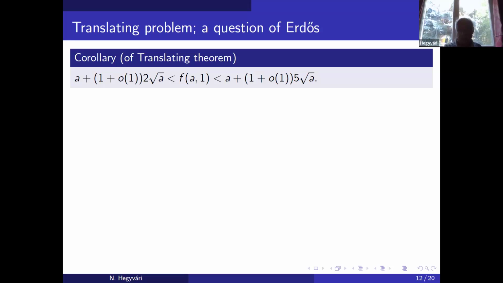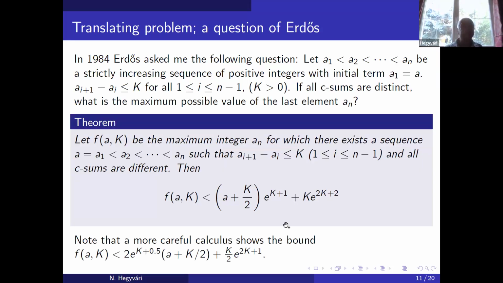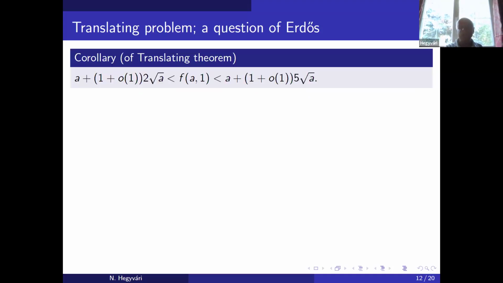But the interesting fact about it is that if we consider K equal to 1, because it is increasing, it means that it is a sequence of consecutive integers, so n plus 1, and so on. So we can have a corollary of it, namely the translating theorem.